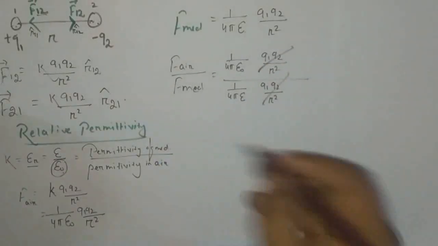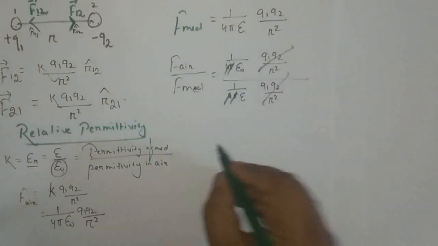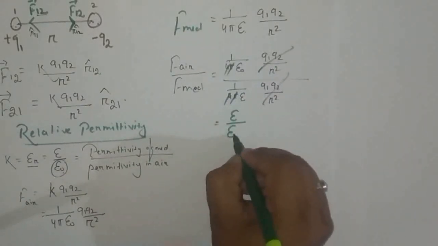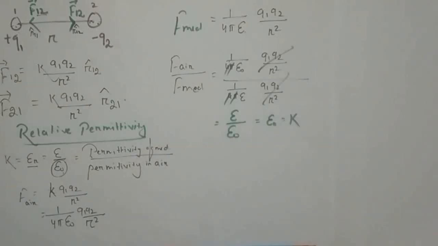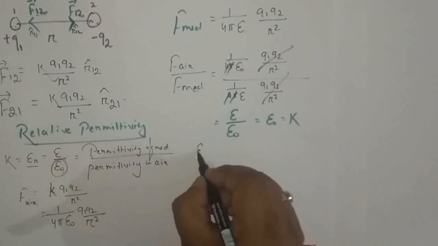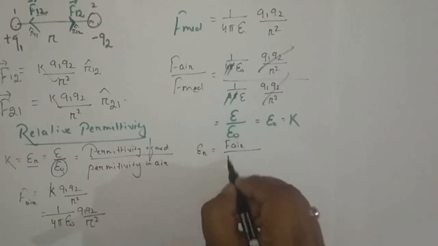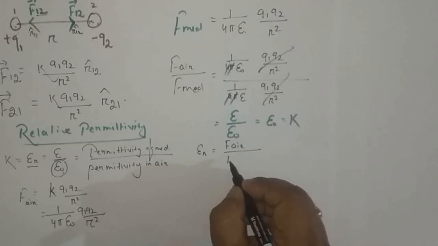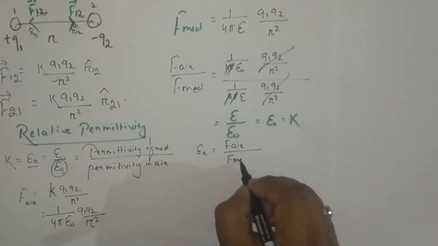All these factors cancel, 4 pi cancels, and epsilon by epsilon naught is epsilon r, or capital K, whatever you call it. So relative permittivity is the force in air medium to the force in medium.